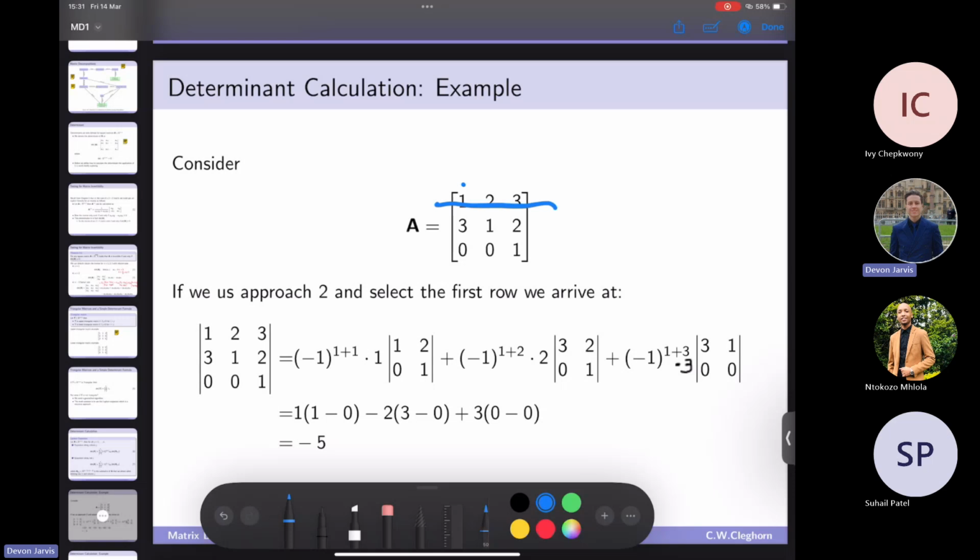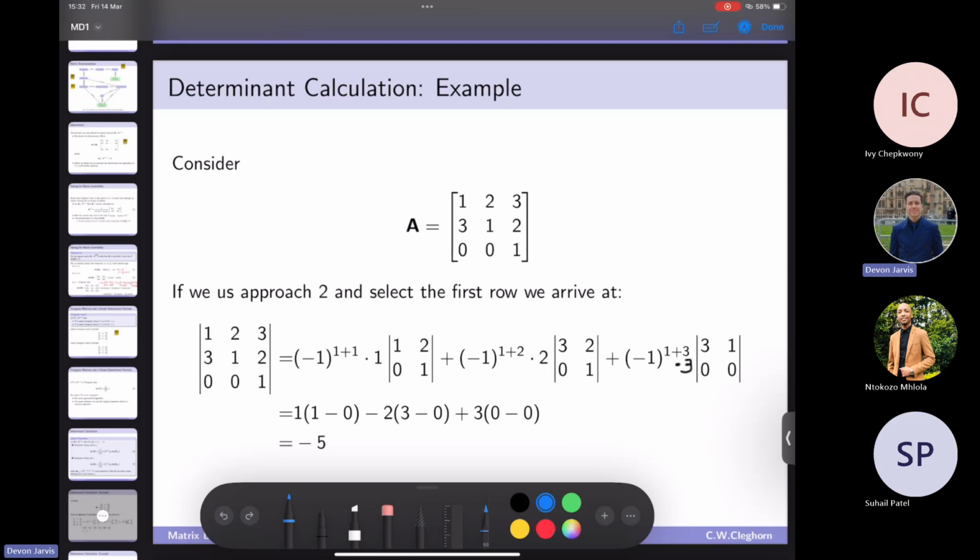You delete its row and its column, and what remains is the matrix you now look at, which I call the submatrix. That's 1, 2, 0, 1. Same story for the second element: that's my multiple off the front, and I consider the submatrix that results when I delete its row and its column. We end up with 3, 0, 2, 1.